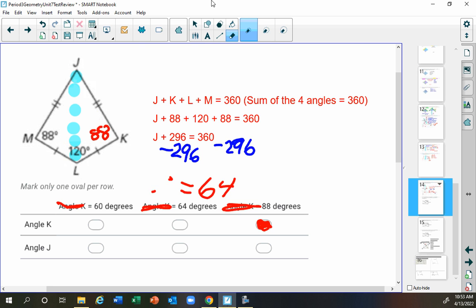I'll fix that up a little. Because remember, K and M are going to be congruent. To get that angle J, you got to add all three of them up and then subtract from 360. That's the key step for this last problem.